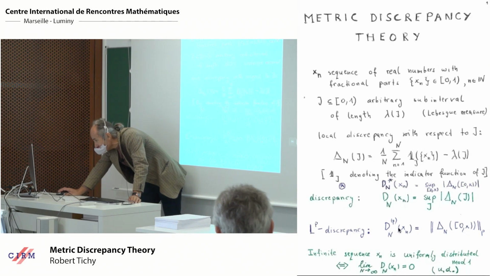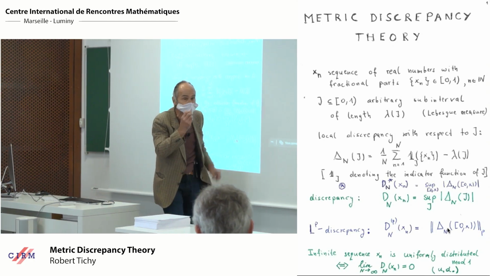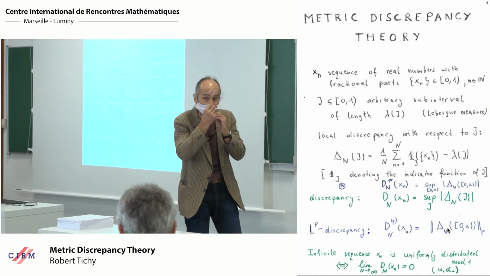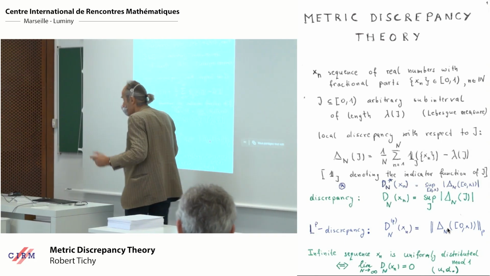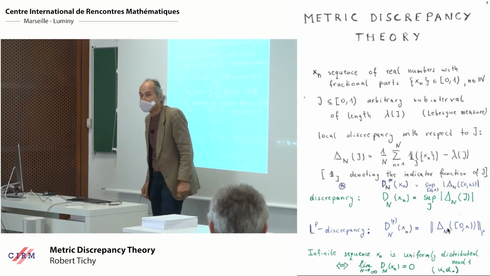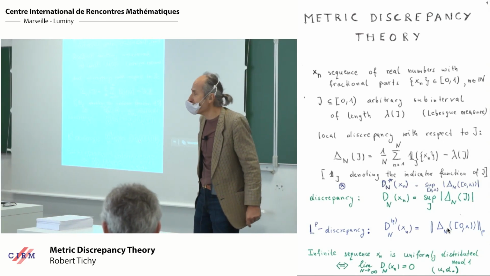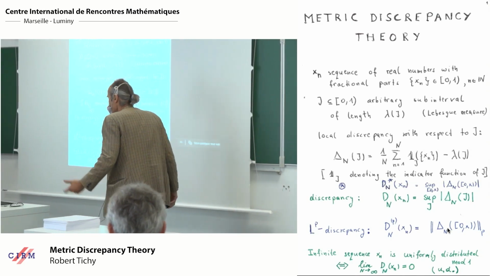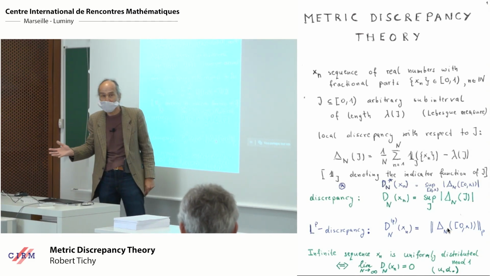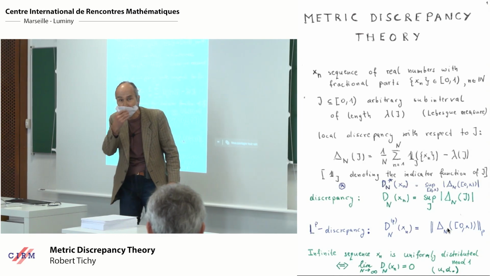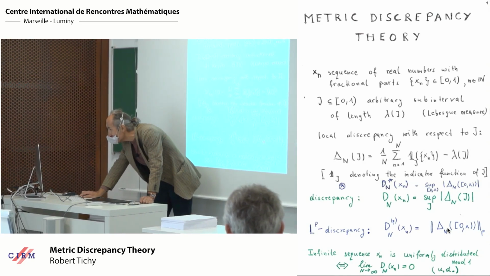Another possibility for taking measures quantifying distribution properties is to take L^p norms of the local discrepancy functions. This gives the L^p discrepancy. And in distribution theory, of course, it is known a sequence is equidistributed or uniformly distributed modulo 1 if the discrepancy functions tend to 0 for n to infinity if we consider an infinite sequence.